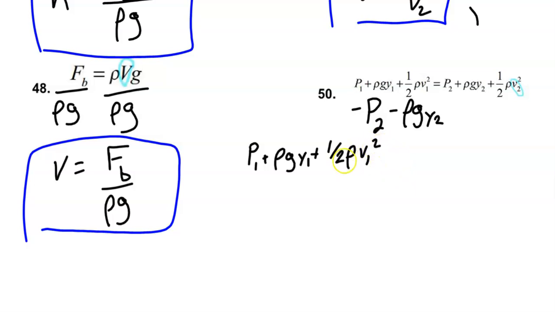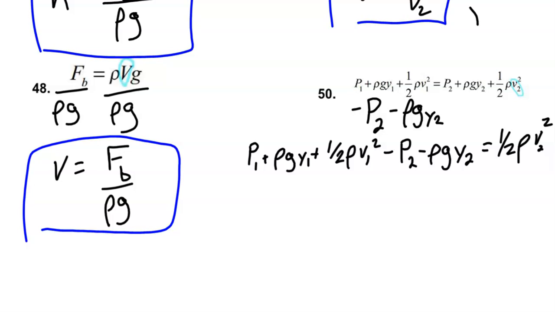That's almost like kinetic energy, and that's almost like gravitational energy. Because they're quite related, minus P2. This is literally conservation of energy. Bernoulli's equation is conservation of energy relating to fluids. Minus rho g y2 equals 1/2 rho v2 squared.